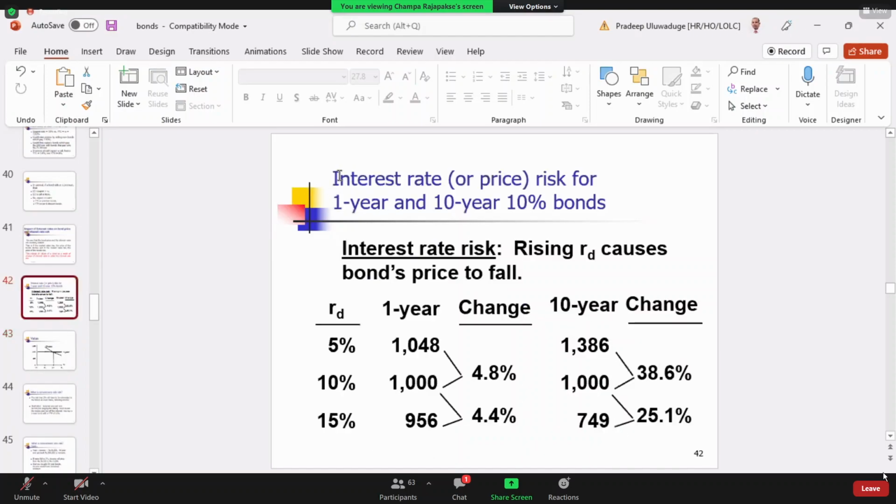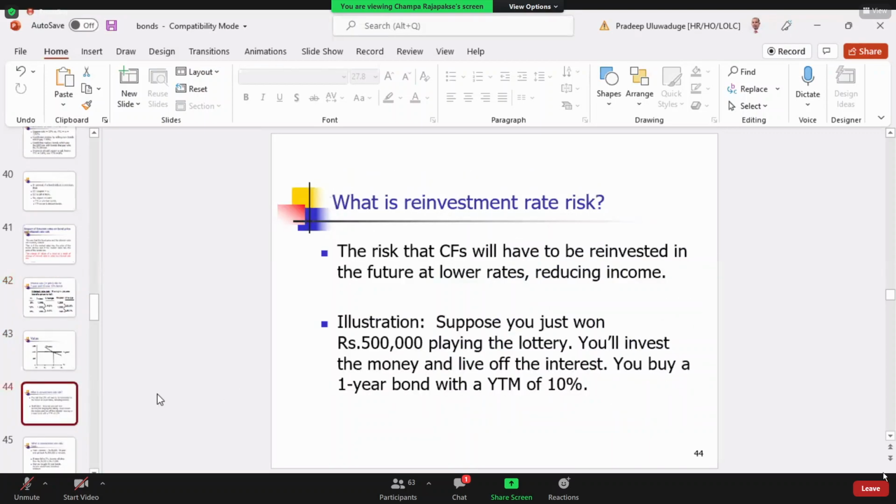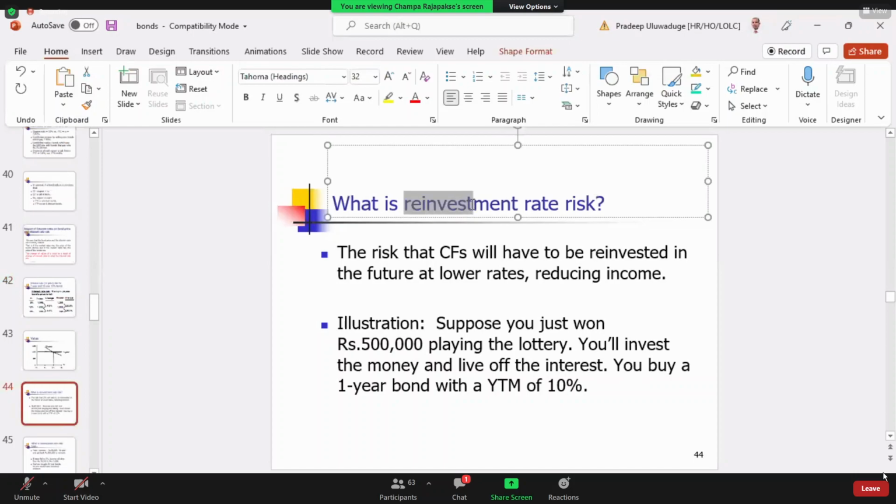So we've been talking about interest rate risk and the maturity of the bond. Then we move on to another type of risk. What is reinvestment rate risk?